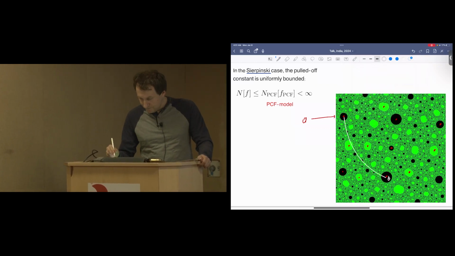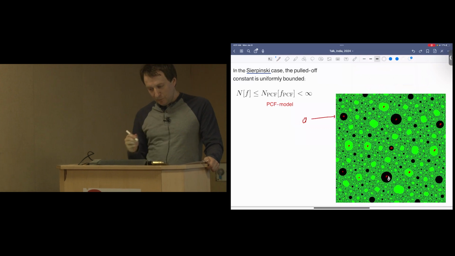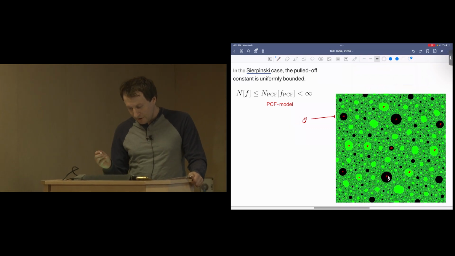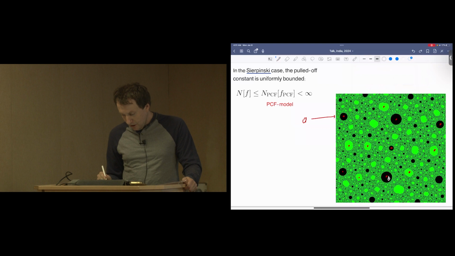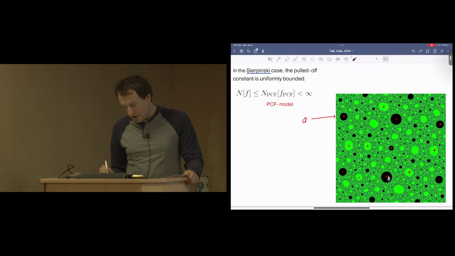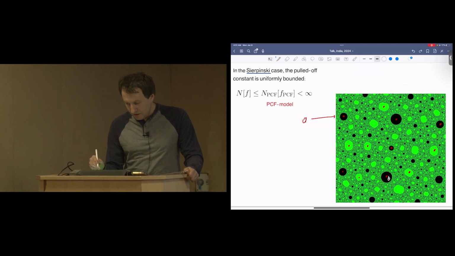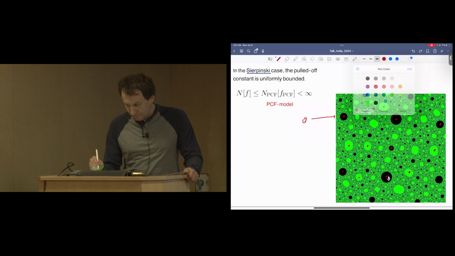Okay, good. So the corresponding statement for Sierpinski carpets is the following: suppose we have two points in the postcritical set, and let's assume that they are fixed for simplicity.